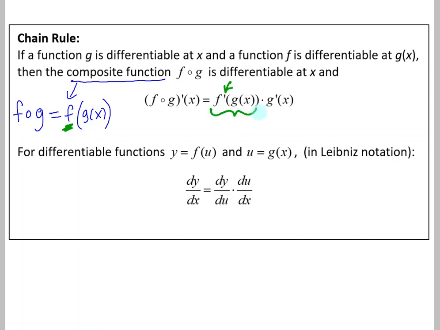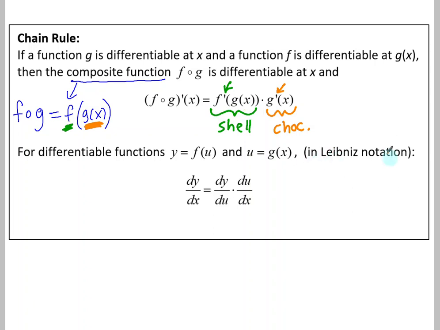That part is eating the shell. We don't touch the chocolate. Then we have the inside function. That's the chocolate. See how we're doing now the derivative of the inside? And that part is eating our chocolate. We didn't touch it until we were done eating our shell, if we want to think of it like an M&M.